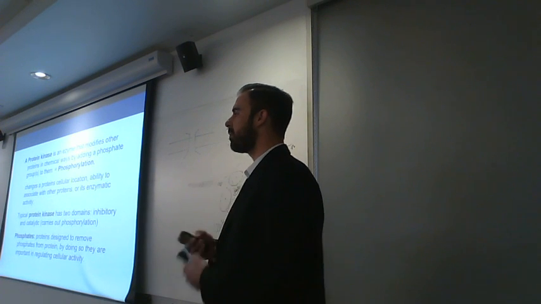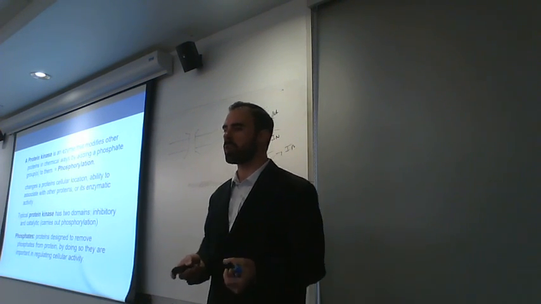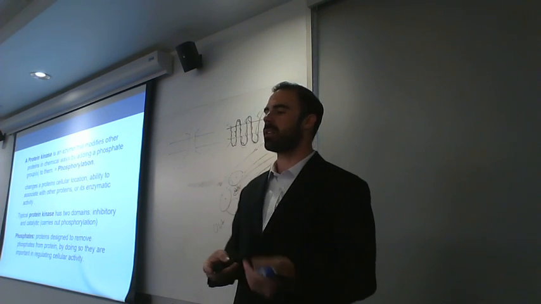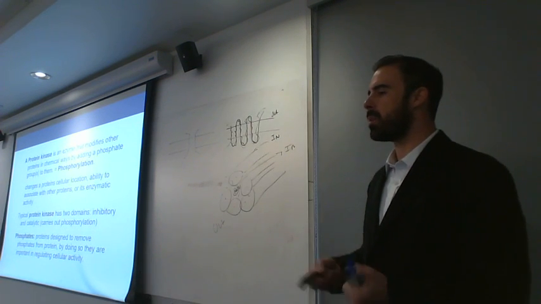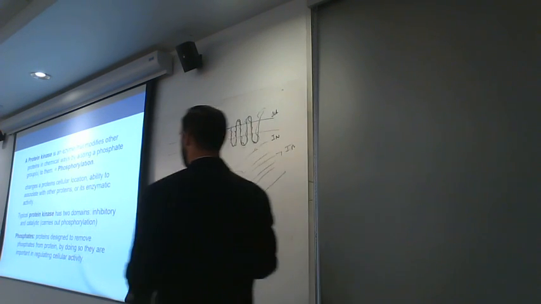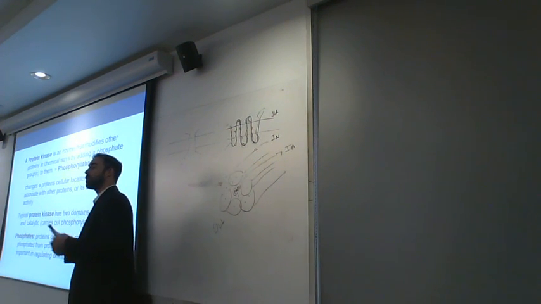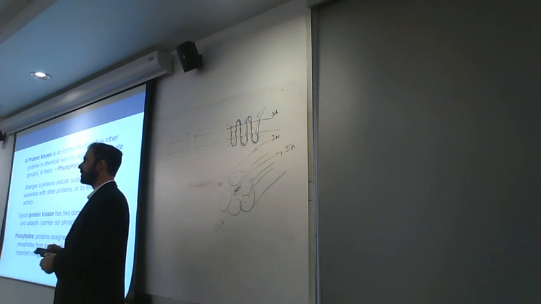For anybody who's not familiar with these things, just a short introduction. Protein kinases are basically enzymes involved in modifying some of these proteins, and all it means is that you're adding a phosphate group to them. This isn't a chemistry or biochemical class, so I'm not expecting anybody to work out equations or know all these details.